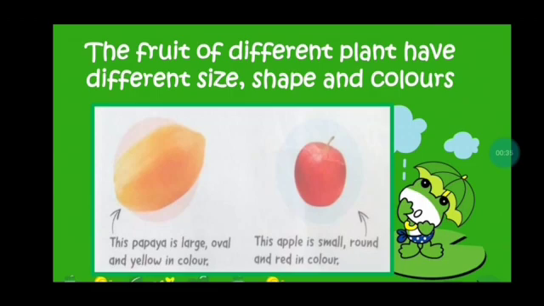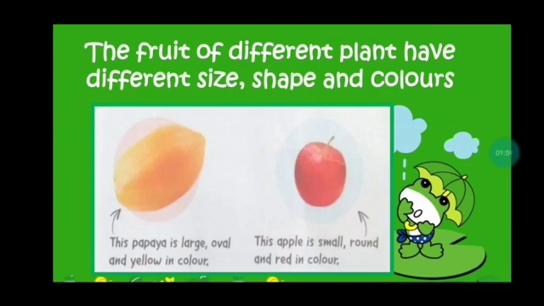How could we get the seed? Of course, helped by animals, and it can be helped by the wind and the water. For example, here the papaya or apple. The animal can eat the apple or papaya and then throw the seed. After that, the seed will grow into a new plant. That's all the process of how the flower becomes a fruit.